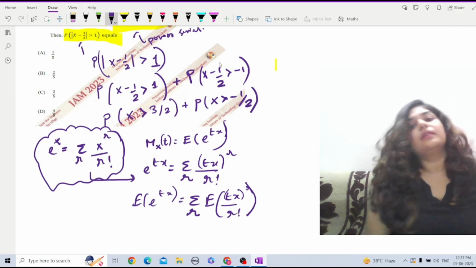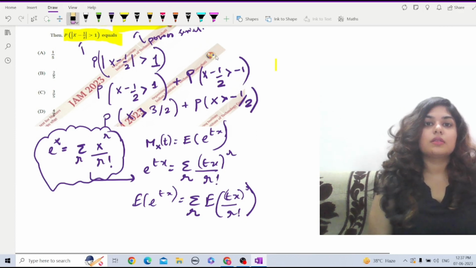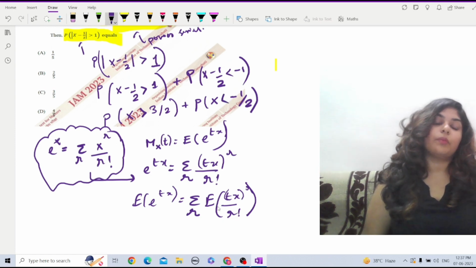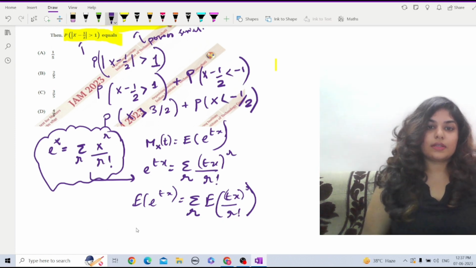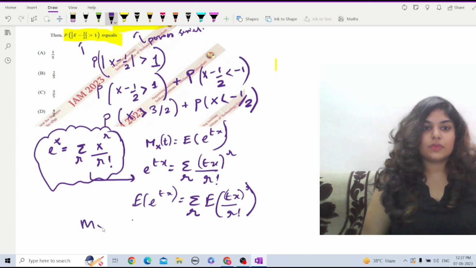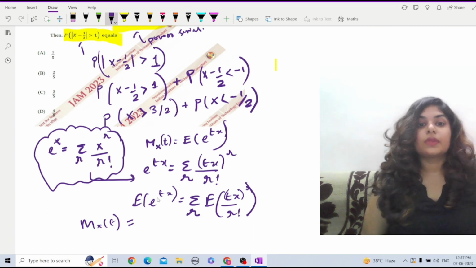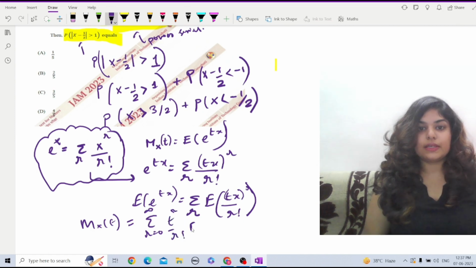Now one mistake here, that should be less than here. So let us expand this. Here the MGF is equal to the summation over r from 0 to infinity of t to the power r by r factorial times the expectation of X to the power r.